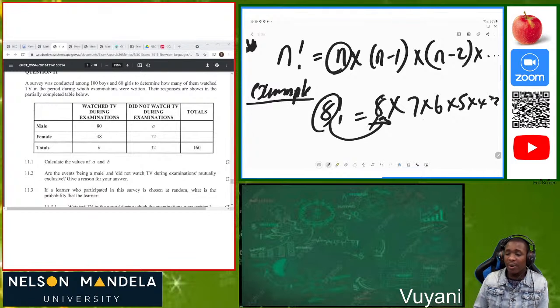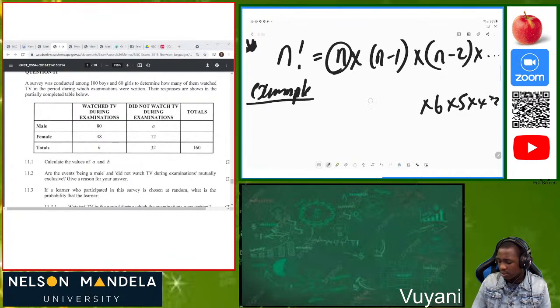So basically, when we are using the factorial notation, we are going back. If they say 9 factorial, it's going to be 9 times 8 times 7 times 6 times 5 times 4, going down. So that's the factorial notation. It's so essential that you understand it.